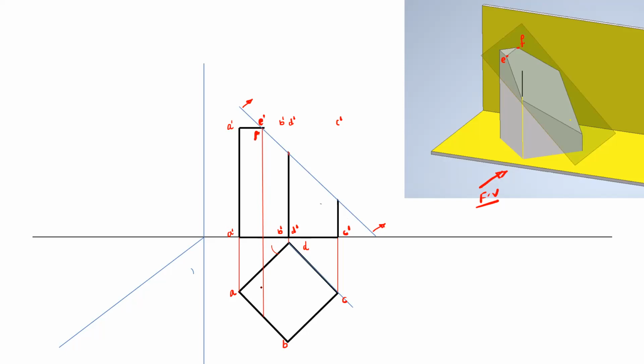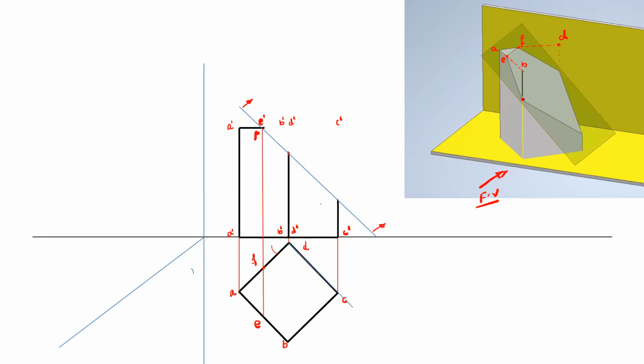So project this point in the top view. On the edge AB, so this is the point A, and this edge, so this is the AB. Okay. And this is AD. So point F is on the edge AD. So this is the point F and this is point E.